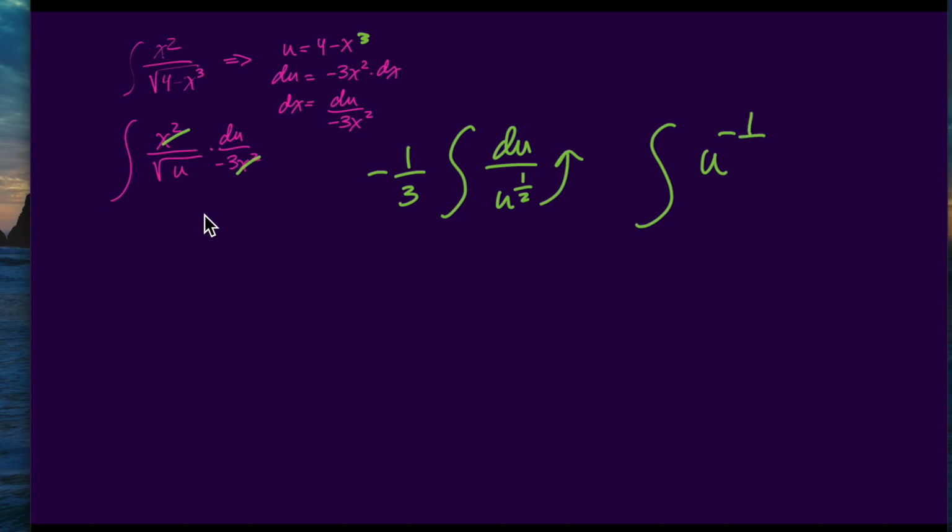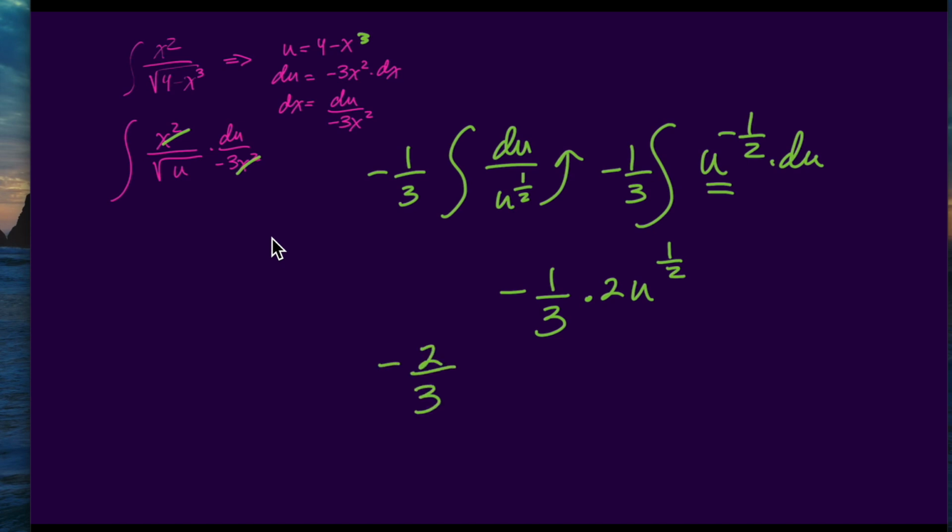Integral of u to the negative 1/2 du with negative 1/3 out front. Okay, we're going to add 1 to the exponent, and that'll make it 1/2, and we're going to divide by the new exponent 1/2, which is the same thing as multiplying by its reciprocal. So we're going to have negative 2/3 the square root of u, which is 4 minus x cubed, plus c.